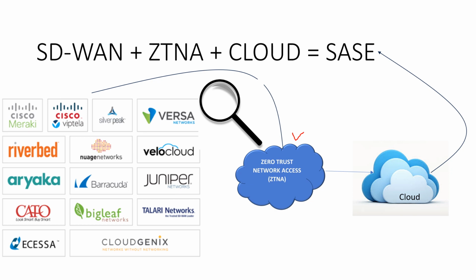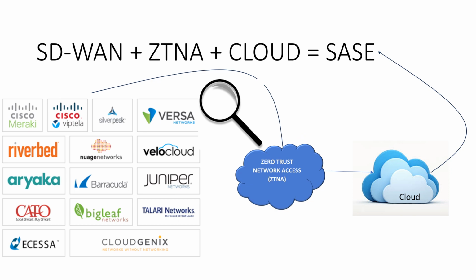ZTNA assumes zero trust regardless of whether the user is inside or outside of the corporate network perimeter. ZTNA verifies the identity and trustworthiness of users and devices before granting access to applications and resources using techniques such as identity-based access control, microsegmentation, and encryption.